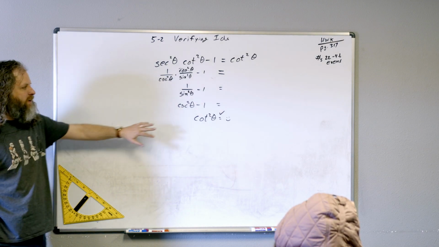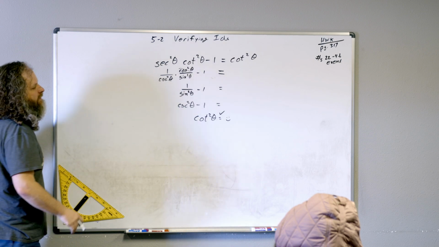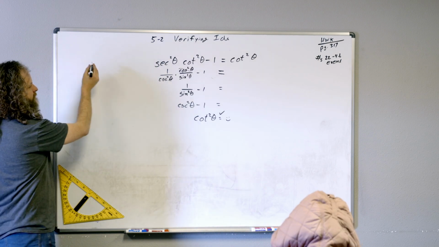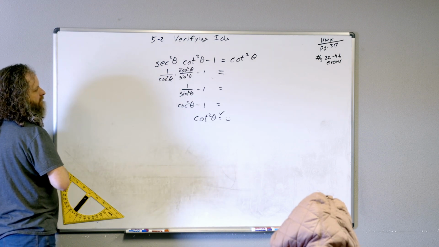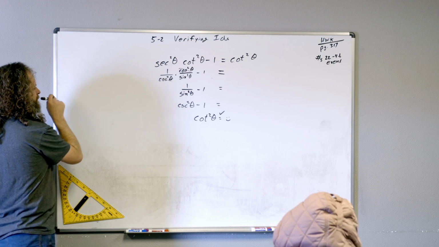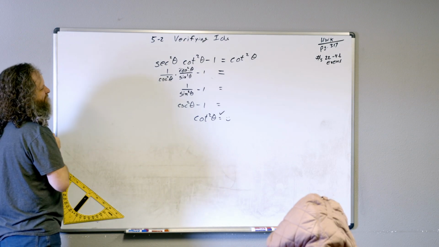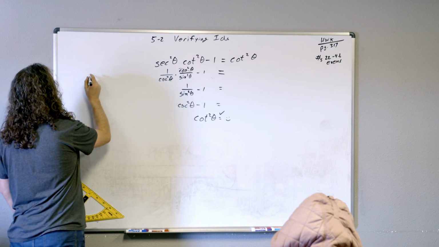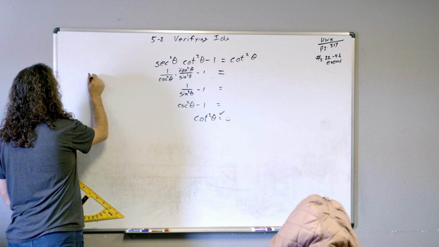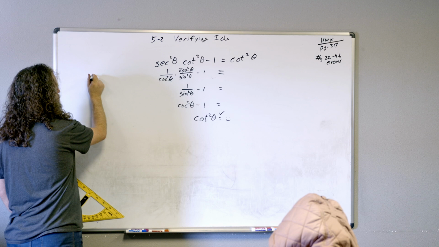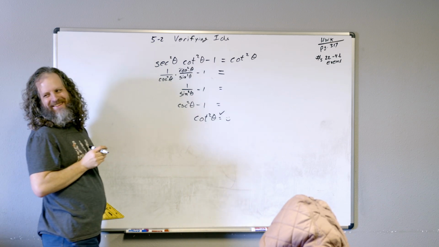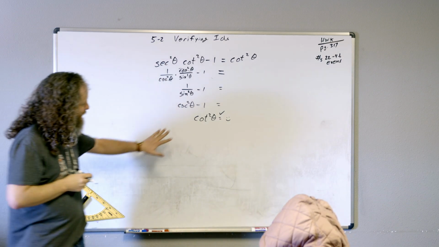What is the Pythagorean identity that goes with these? Not cosine squared plus sine squared; we need cotangent.